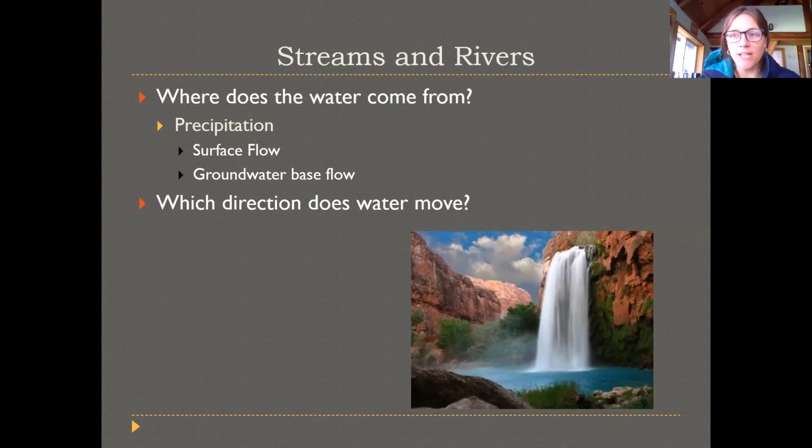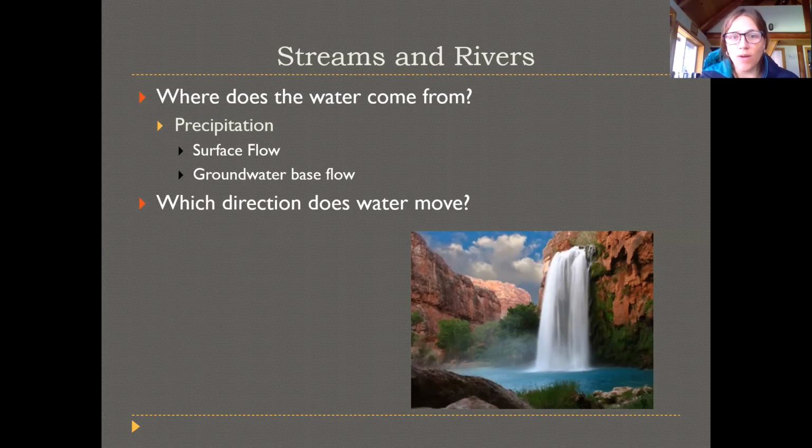And the answer is base flow. Water that fell as precipitation earlier in the year has drained down and been stored in the soil, and then it's seeping from the soil into the river beds. But again, ultimately it can be followed on its path back to precipitation, which is how that water got into the watershed in the first place.